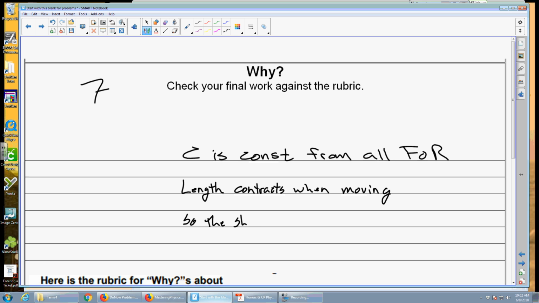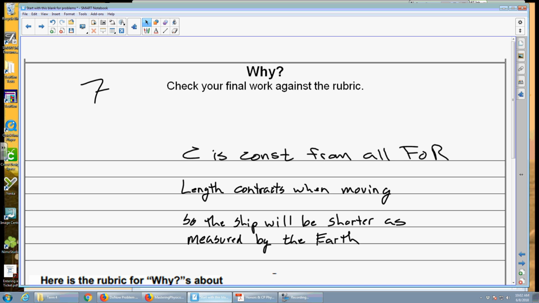So the ship will be shorter as measured by the Earth. I want to make sure I get in that part, tied to this problem.